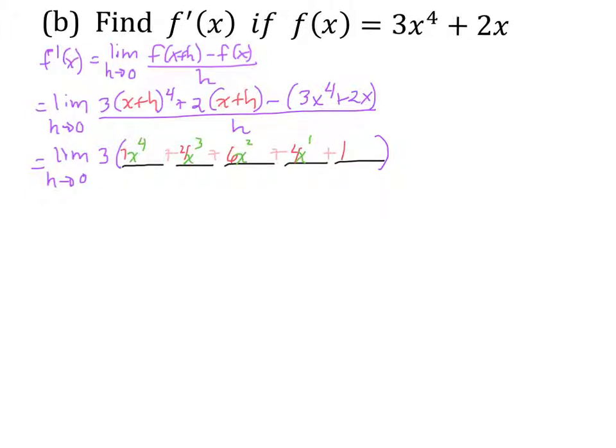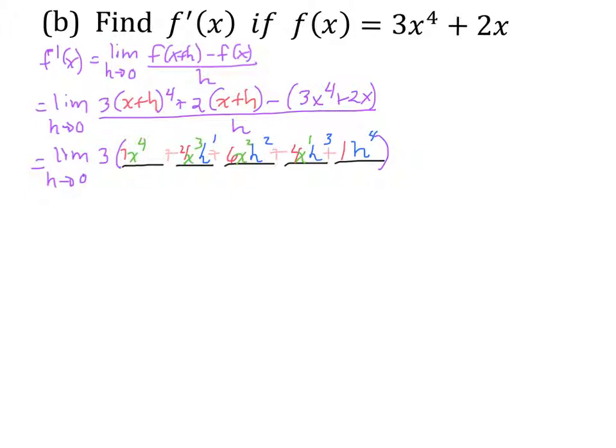And then starting from the right, I'm going to take the h, raise it to the fourth, raise it to the third, raise it to the second, and raise it to the first. And all that is the x plus h to the fourth.